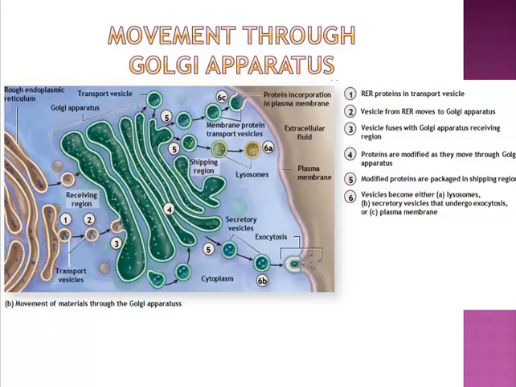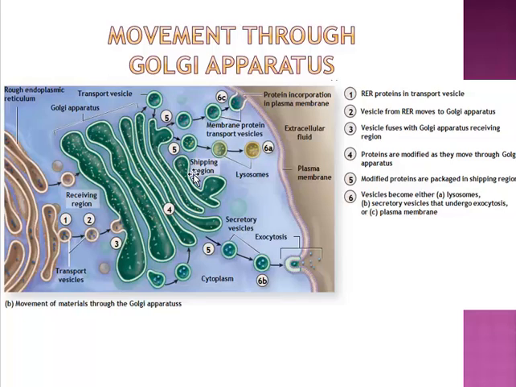This is just an image breaking down the different movement through the Golgi apparatus. Again, we have our rough endoplasmic reticulum, and the transport vesicles moving to the Golgi apparatus. Once the vesicles fuse with the Golgi apparatus, it moves from each separate membrane on, and then the Golgi apparatus modifies these proteins.